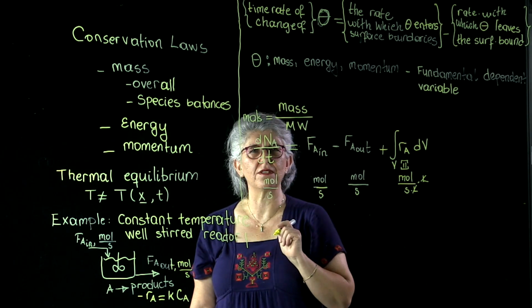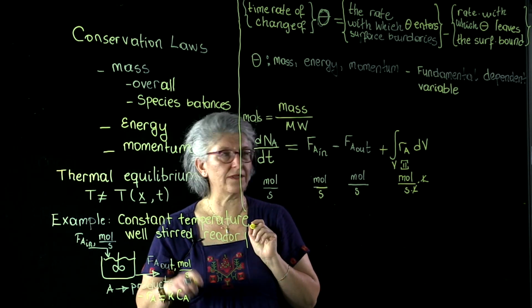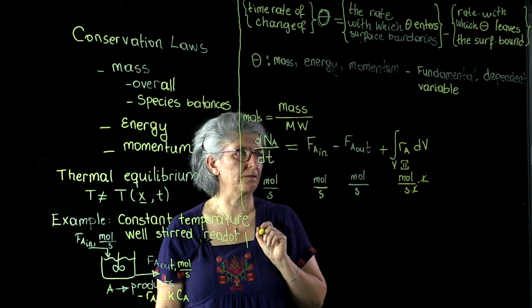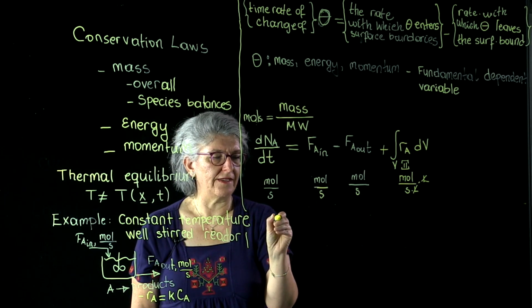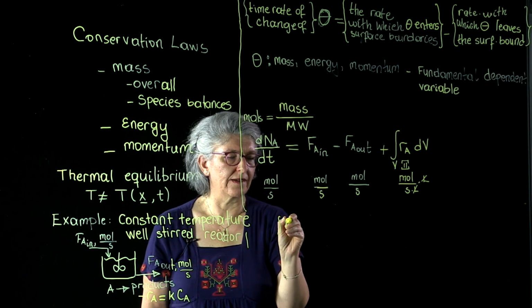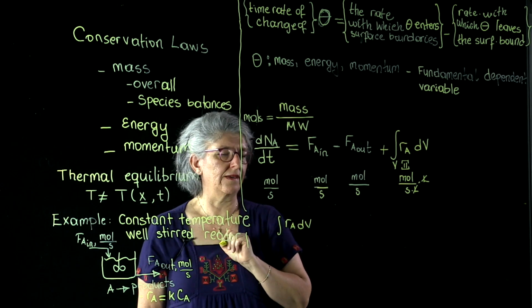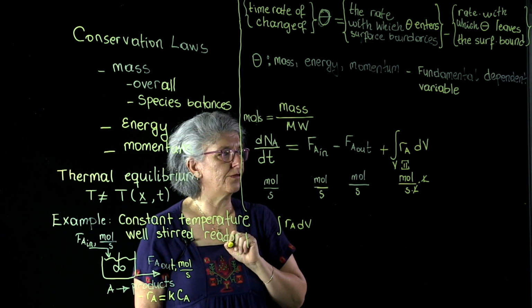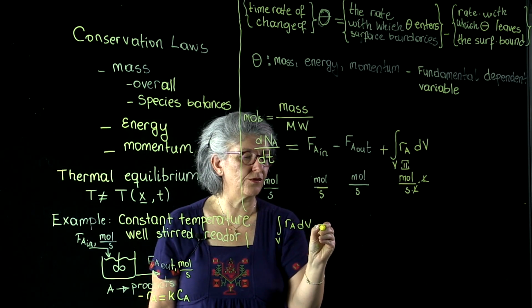Now this is the general mole balance for this reaction taking place in this reactor. We can take RA out of the integral if the system is uniform.